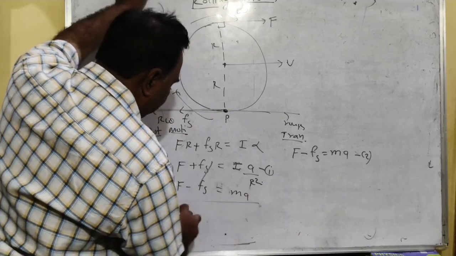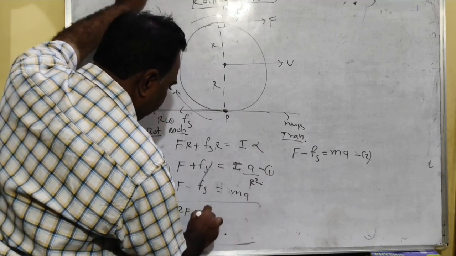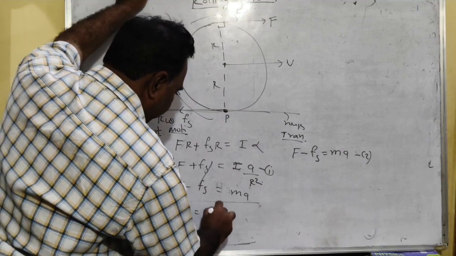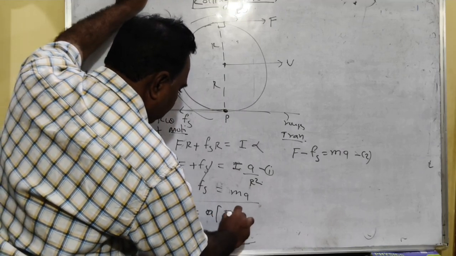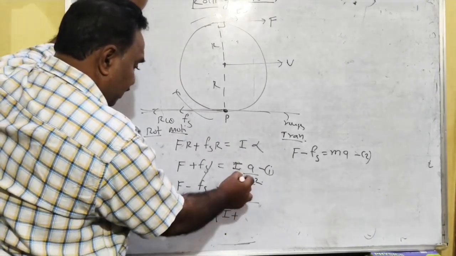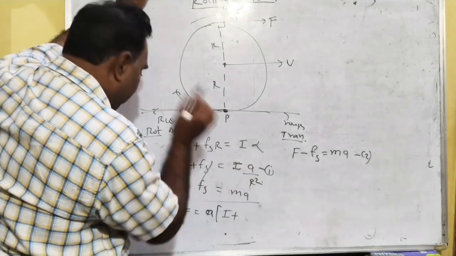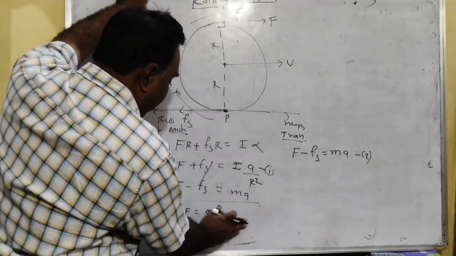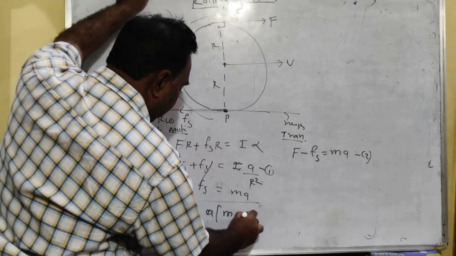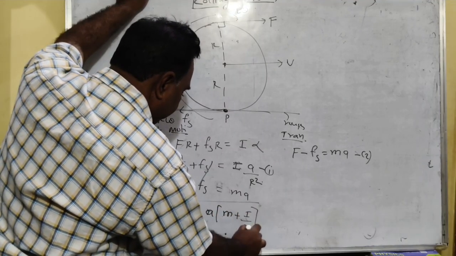Combining, we will get 2F is equal to, taking A constant, I plus, taking Ma constant, only Ia there. So if A is constant, M plus I by R square.